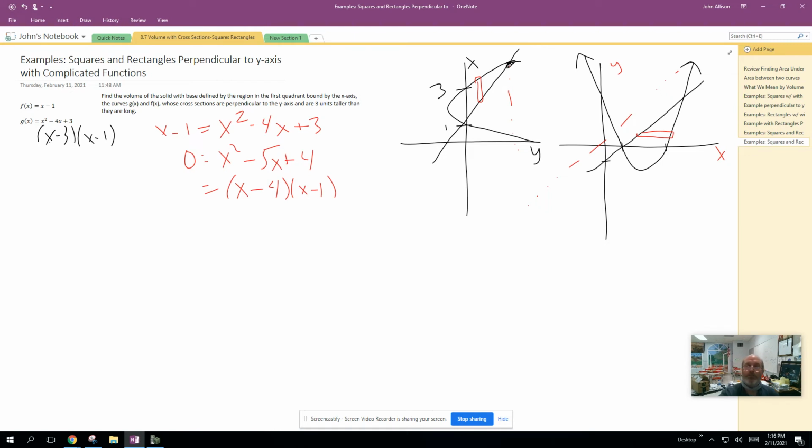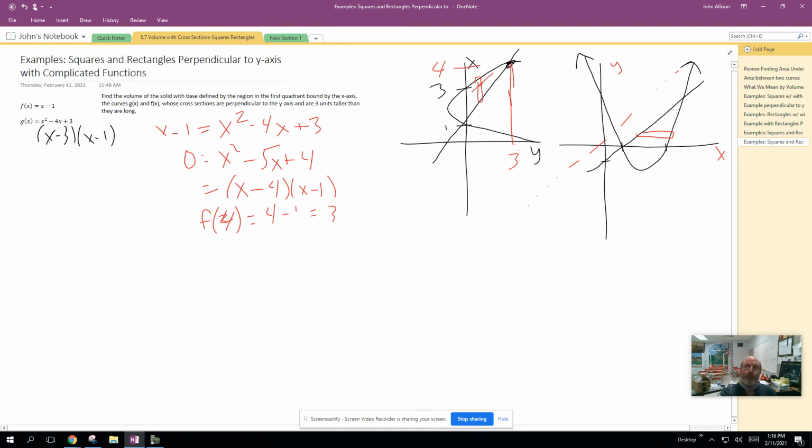And so this intersection is going to occur where x equals 4, but I need to find out the y value when x equals 4. And we can do that by plugging in either one of these. F of 4 equals 4 minus 1, or 3. So that means that when x is 4, y is 3. So this y value is going to be 3.